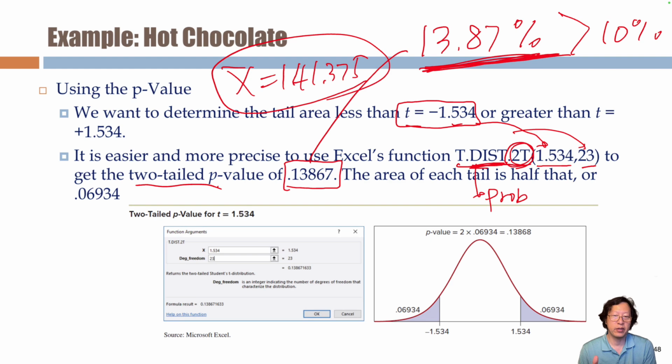So probably this is just a sampling error. We don't know whether the true mean is really smaller than 142. However, the chance of getting 141.375 is about 14%, which is a greater possibility than our cut line of 10%. So we cannot reject.